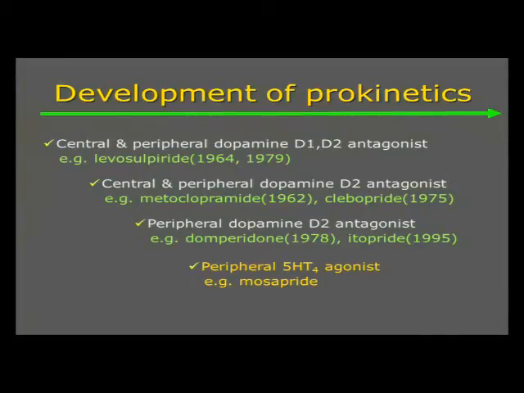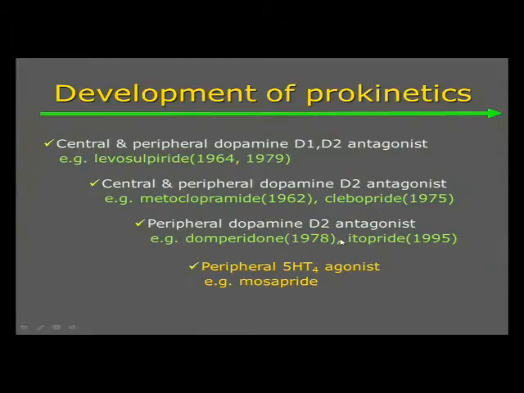Here is the development of prokinetics. First, the central and peripheral dopamine D1 and D2 antagonist, such as levosulpiride, was developed. Then central and peripheral dopamine D2 antagonists, such as metoclopramide and clebopride.